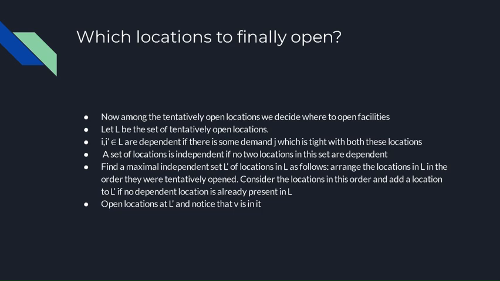So finally we'll get this L dash set, and we can see that if dependency exists, we are not adding that location to L dash, so L dash will be an independent set. And this particular L dash is now the final set of locations where we open the facilities. And you can notice that V will always be in it because it is the first location that is open, so always put V in L dash.